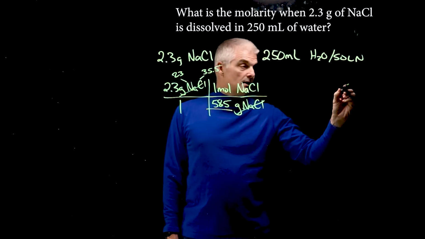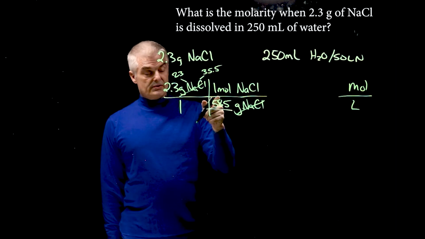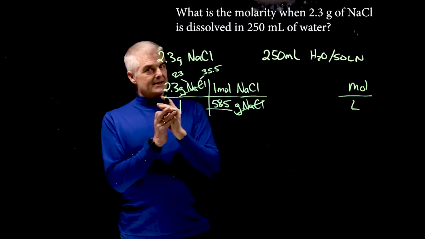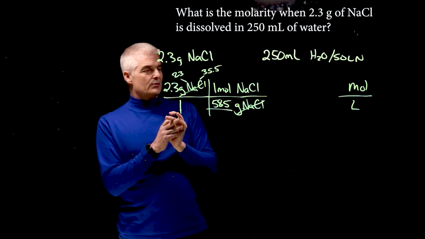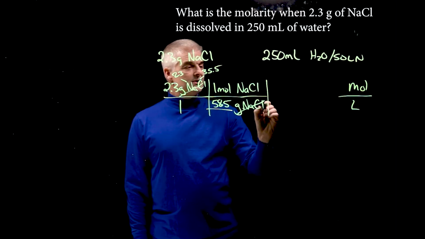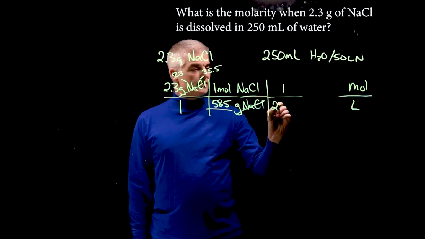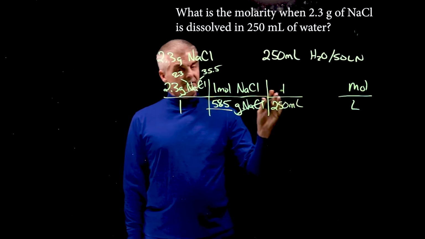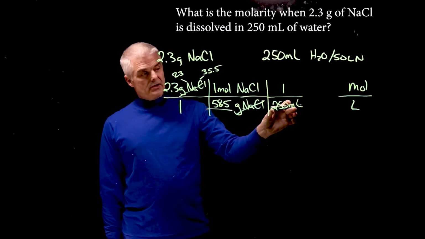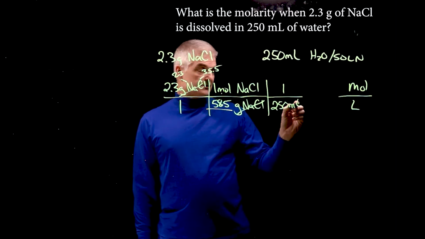Remember, I'm trying to get moles divided by liters. So right now I know the moles. Let me show you a little trick that I think is going to save you a lot of time down the road. Instead of figuring this out and then dividing by the liters, I would say 1 over 250 milliliters, because I want to get the volume on the bottom. It's in the wrong unit, but now I've got moles per milliliter of the solution.